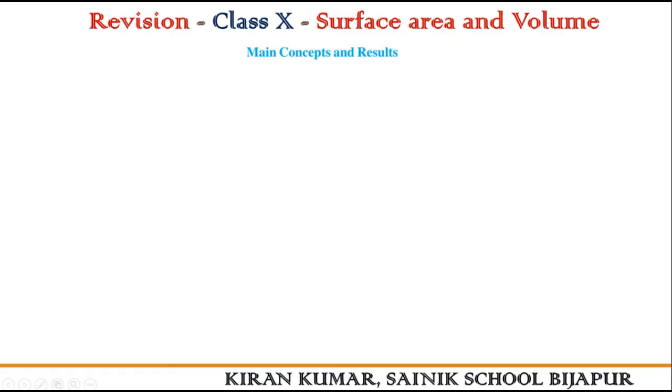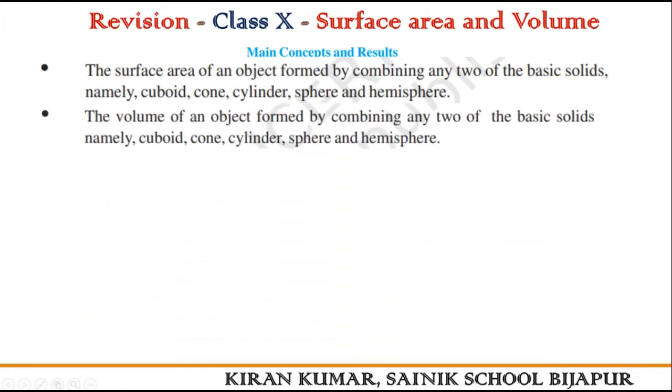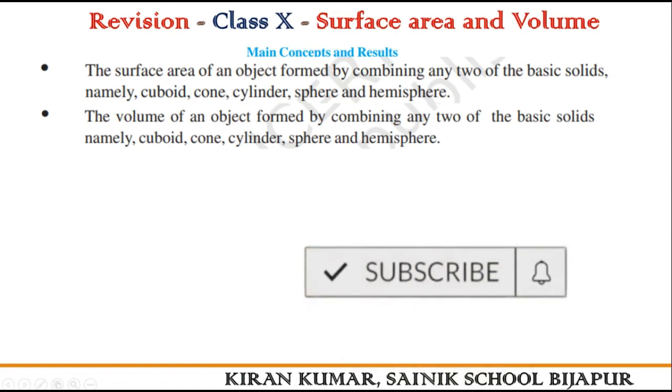The main concepts and the results of this chapter are: the surface area of an object found by combining any two basic solids, namely cuboid, cone, cylinder, hemisphere, sphere. The volume of an object formed by combining any two of the basic solids, namely cuboid, cone, cylinder, sphere and hemisphere.